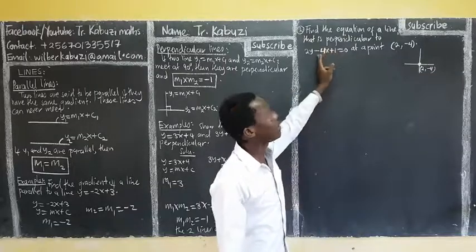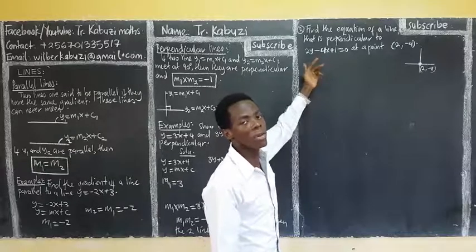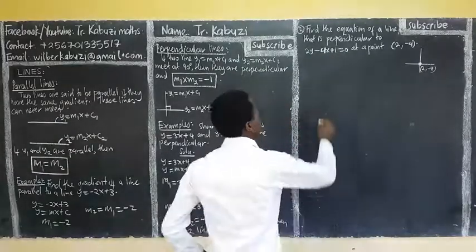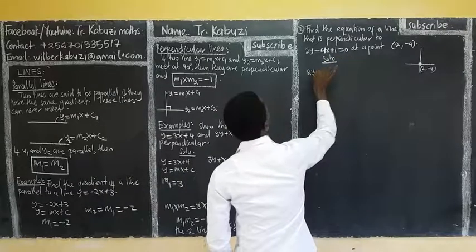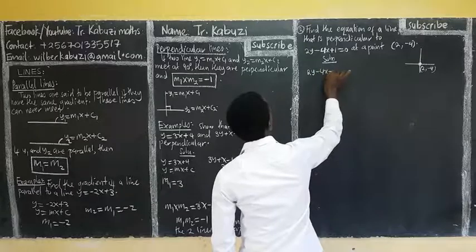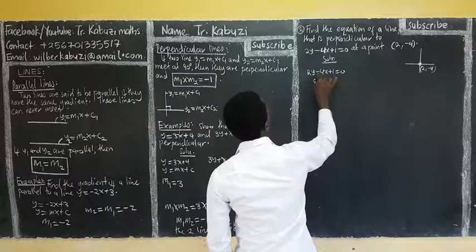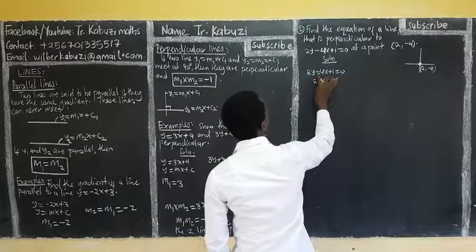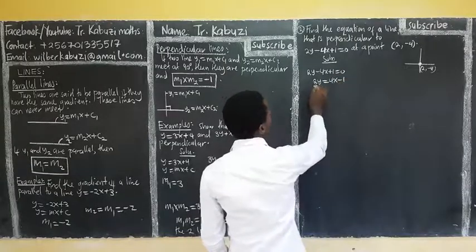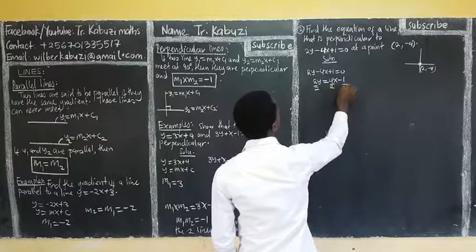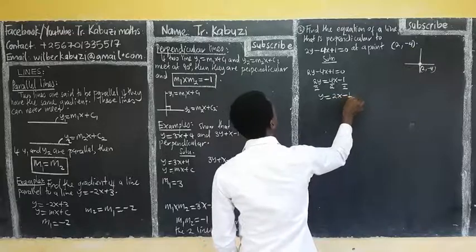Then they are giving you the equation of the first line, which you are going to use to get the gradient of the line you want. In our solution, this 2y, you first rearrange: 2y minus 4x plus 1 equal to 0. Take everything to the other side, this becomes positive, this one becomes negative. Divide through by 2. My y becomes 2x minus a half.